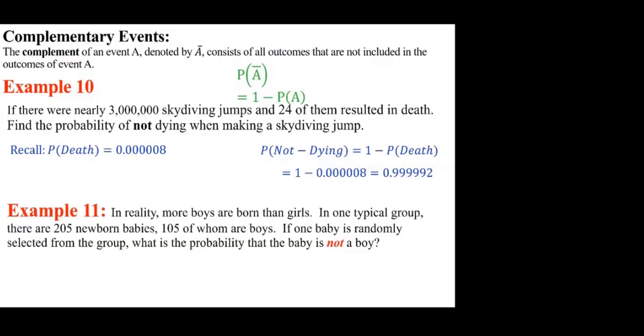More boys are born than girls. In one typical group, there are 205 newborn babies, 105 of whom are boys. If one baby is randomly selected from the group, what is the probability that the baby is not a boy?